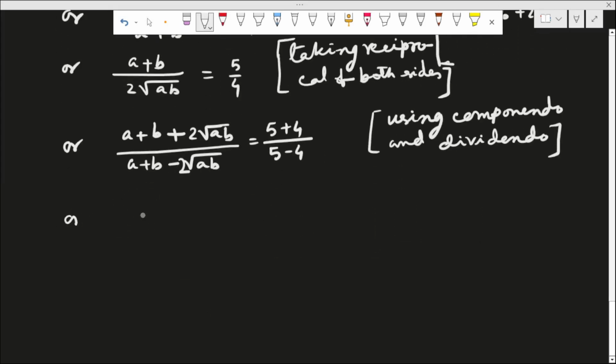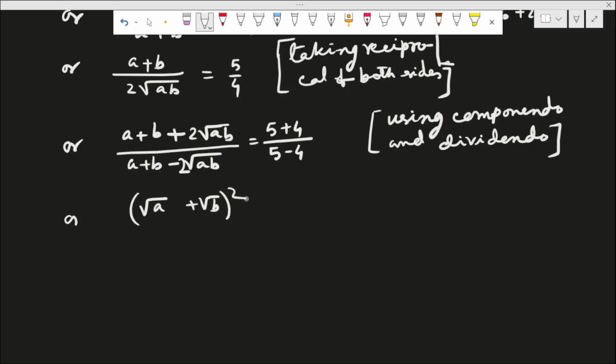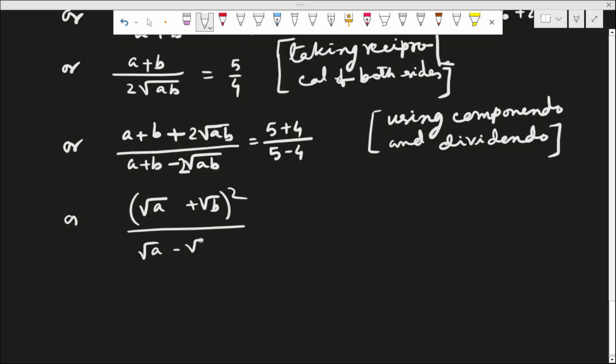Now obviously the numerator can be written as root A plus root B whole square, by root A minus root B whole square, and 5 plus 4 is 9 by 1.